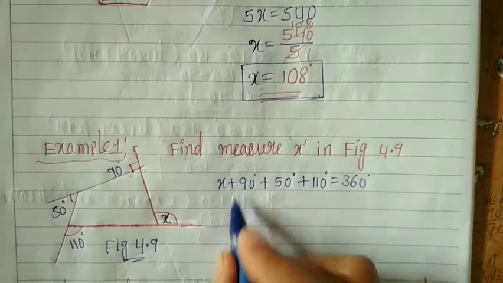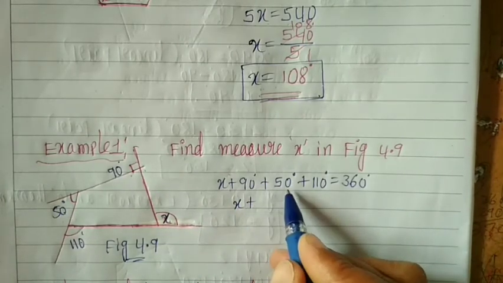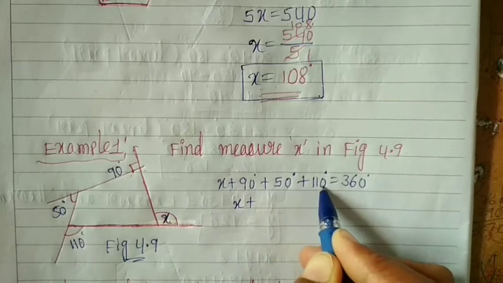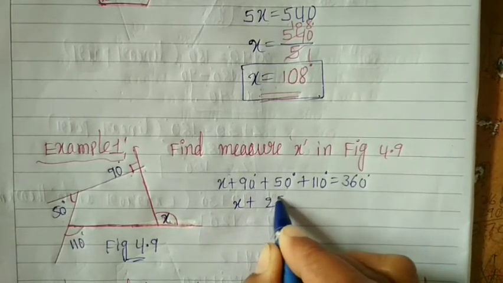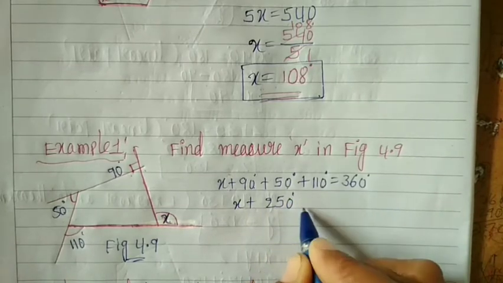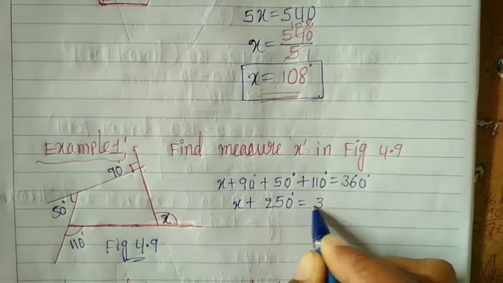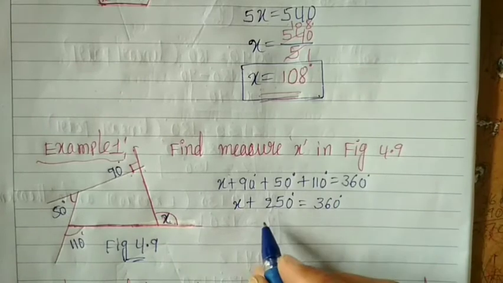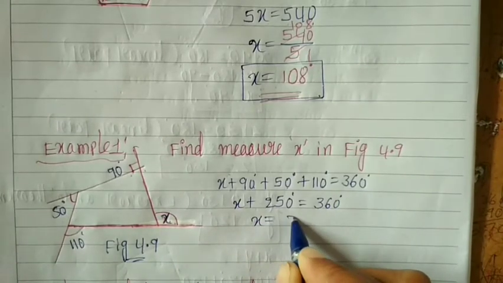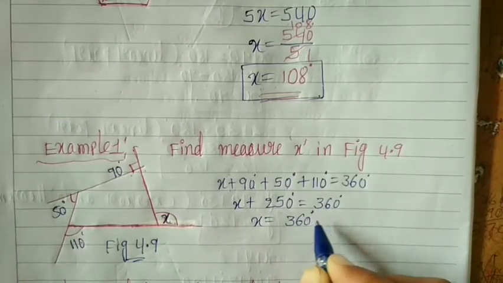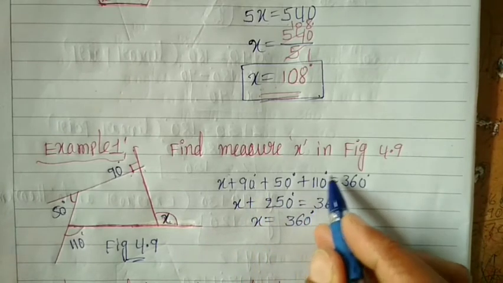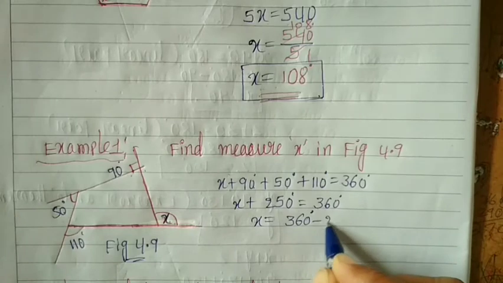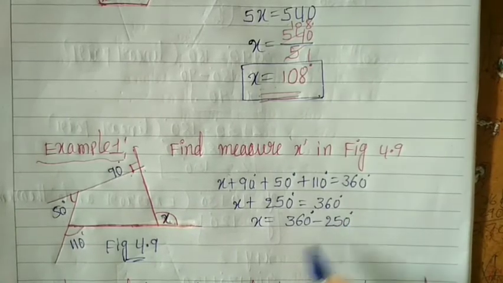So x plus 50 plus 110 plus 90 degrees, that is 250 degrees, is equal to 360 degrees. Therefore, x is equal to 360 degrees minus 250 degrees.